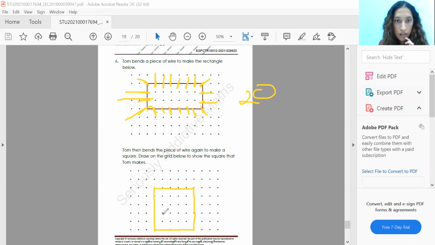Okay, this is not working. Let's see if I can try other ways. Okay, much better. Let me use a thinner pen over here so you could see much more clearly.